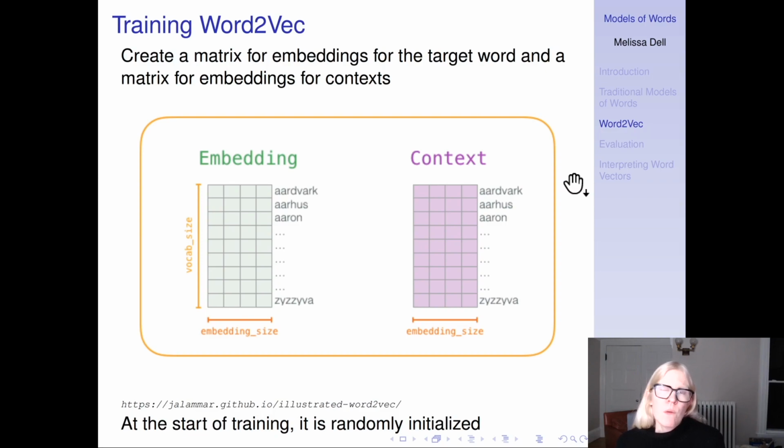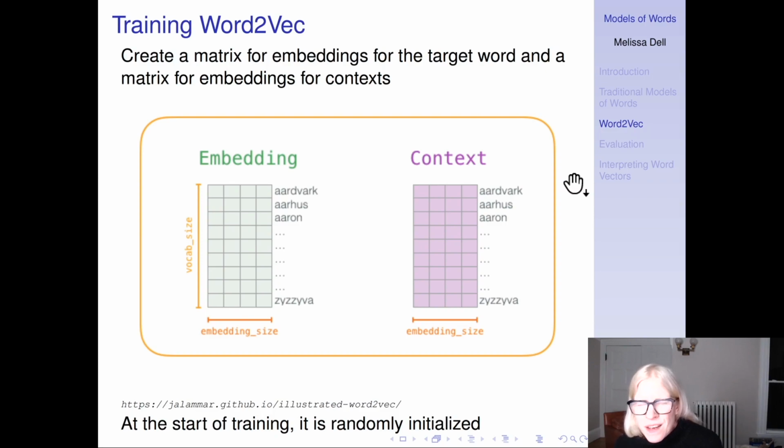So if we want to train Word2Vec, we create a matrix for embeddings for the target word and a matrix for embeddings for the context. And so each of these, the dimensionality of this is the vocabulary size by the embedding size. Our embeddings can be, that's a choice.